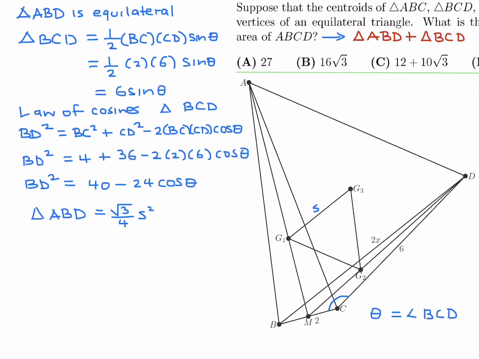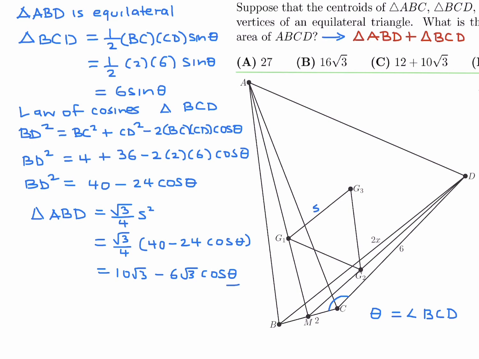Actually, we even know BD squared. So this s squared is this right here. So in a very nice way, it all kind of fits and works out. 40 minus 24 cos theta. And when you simplify that a little bit, we get 10 root 3 minus 6 root 3 cos theta. Okay, so that takes care of this, at least for now.